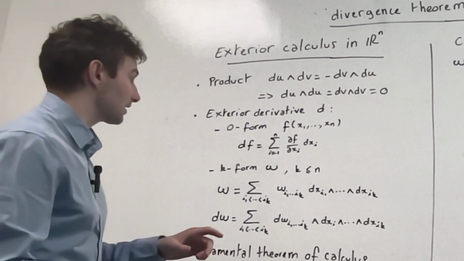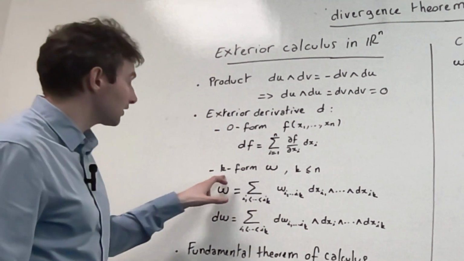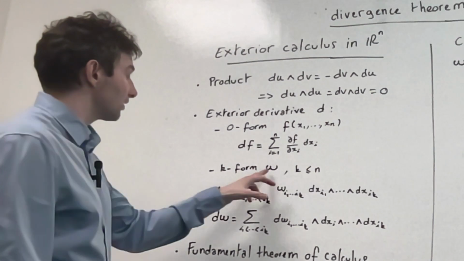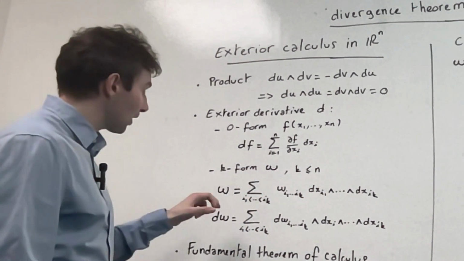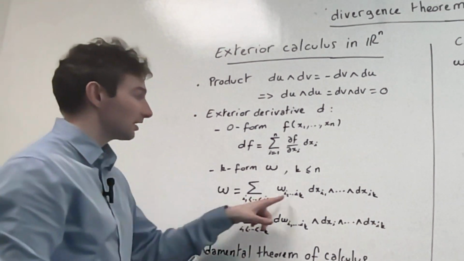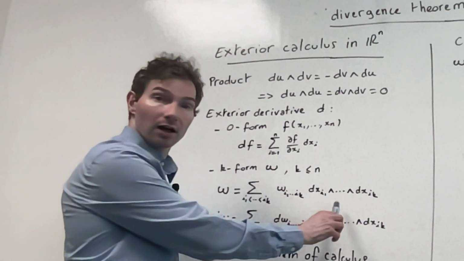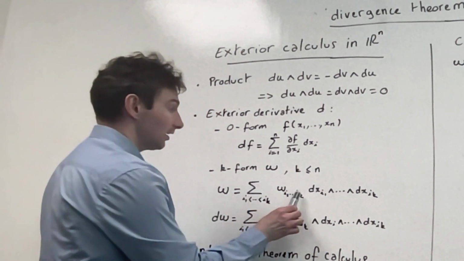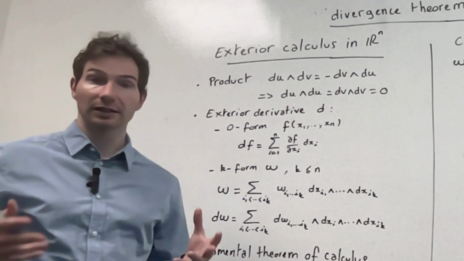Now, we can apply that particular definition to the general case. In the general case, you define what is called a K form, or K differential form, that I'm going to call omega, where K has to be less than or equal to n. The most general form you can write for omega has K minus 1 wedge products, or exterior products, between differentials, and here you have scalar functions, which are the components of that K form.